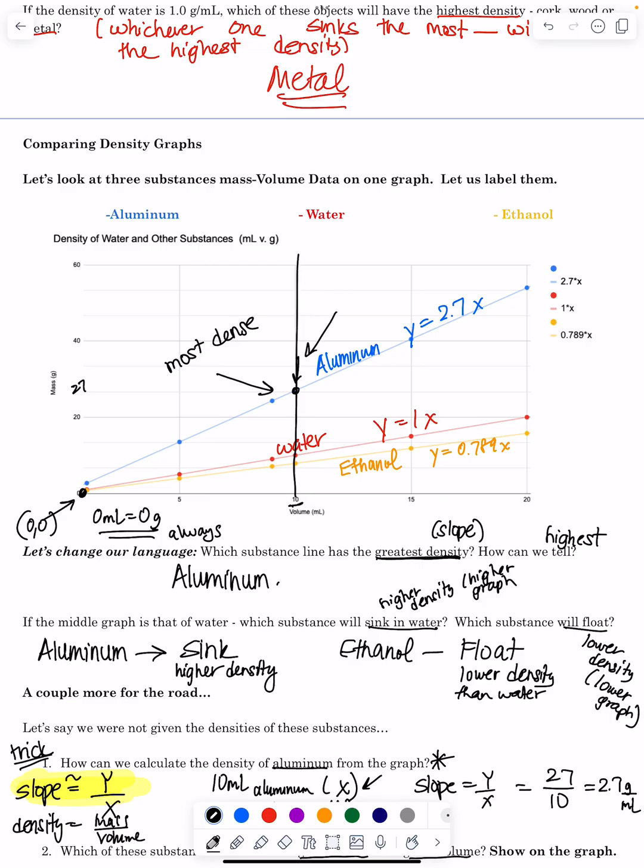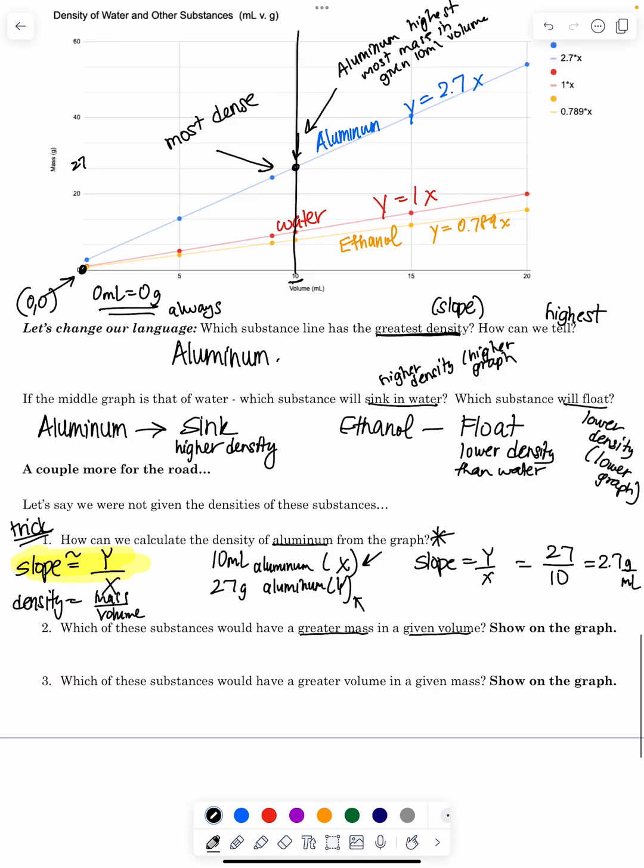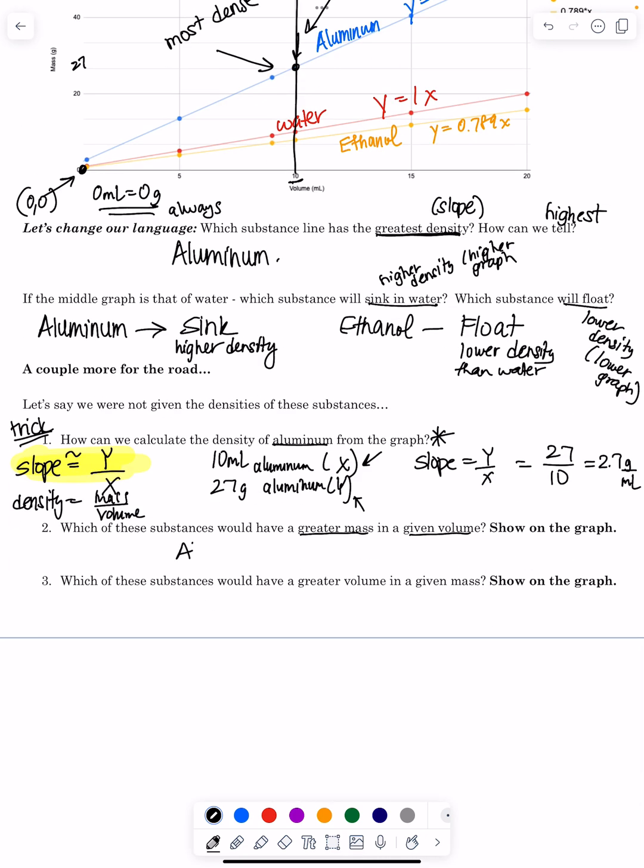We can clearly see that aluminum is the highest up, so it has the most mass in a given 10 milliliters of volume, whereas ethanol has the least mass. So I would say aluminum, and I drew a vertical line.